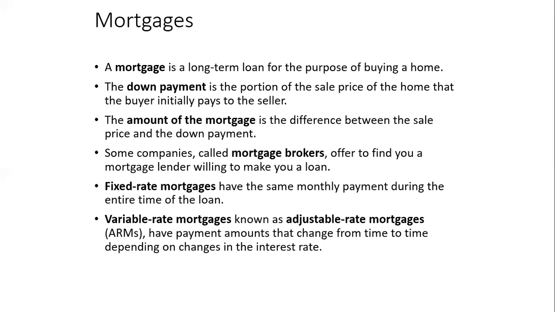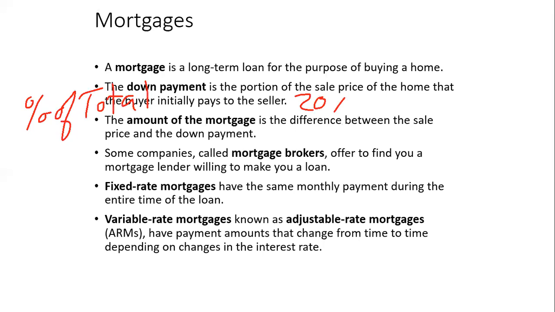To find the down payment, it is a percent of the total. This is like a question that you would have dealt with at the beginning of chapter 8, just finding a percent of the total.